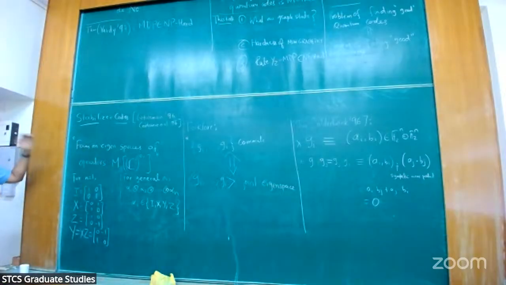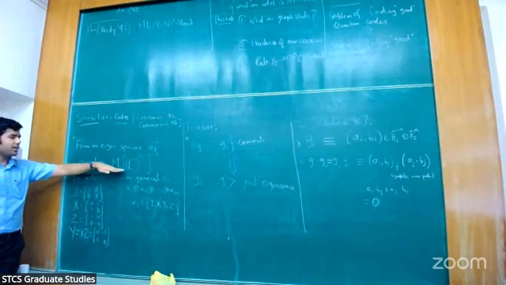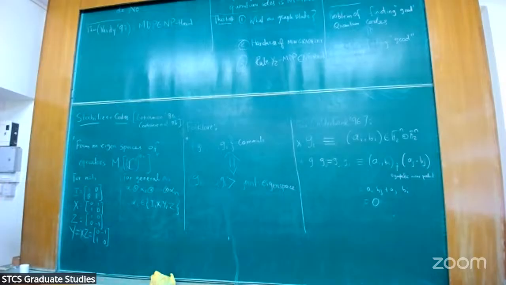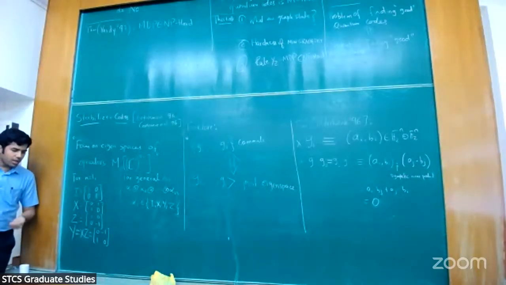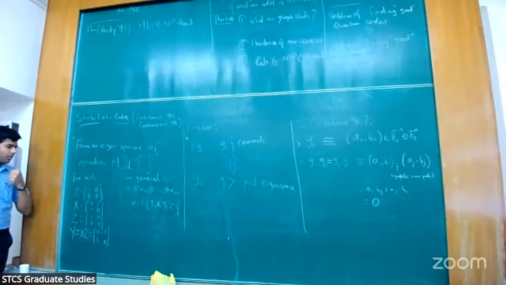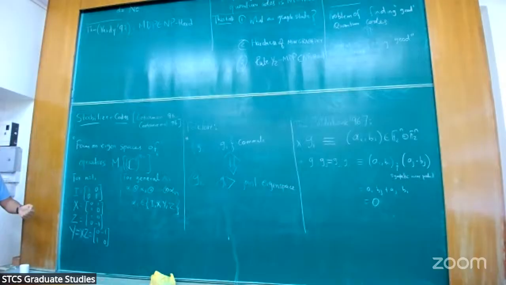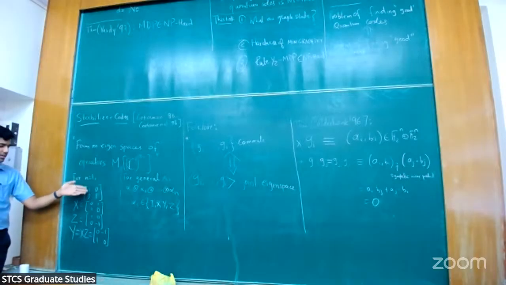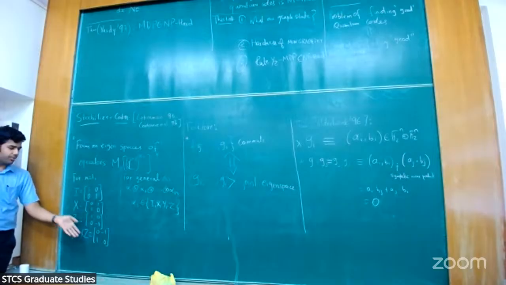And as mentioned, the idea is to focus on eigenspaces of operators that act on this Hilbert space. So for the n equals 1 case, the operators that you want to focus on are the ones mentioned on the board.